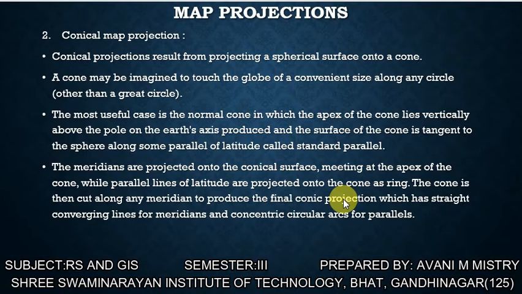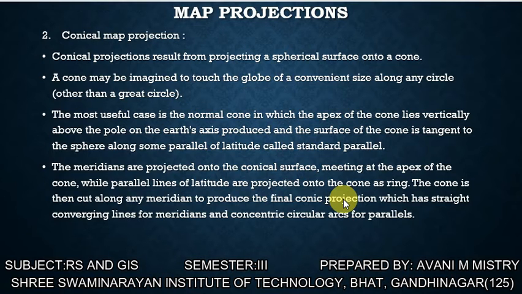The meridians are projected onto the conical surface, meeting at the apex of the cone, while parallel lines of latitude are projected onto the cone as strings.